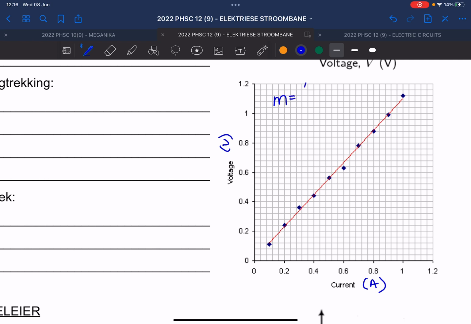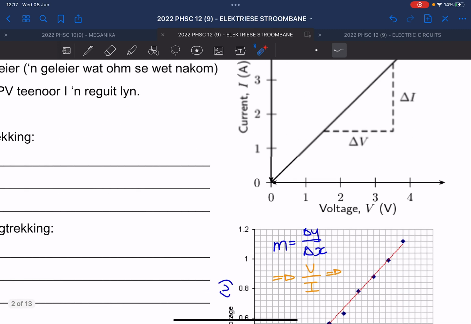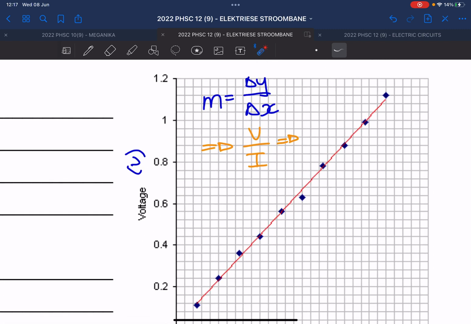Die gradiënt is altyd die verandering in y oor die verandering in x. And for this one specifically, it would have been volts over current. And if you have volts over current, what do you get? That's the same as resistance. Okay. Weerstand.